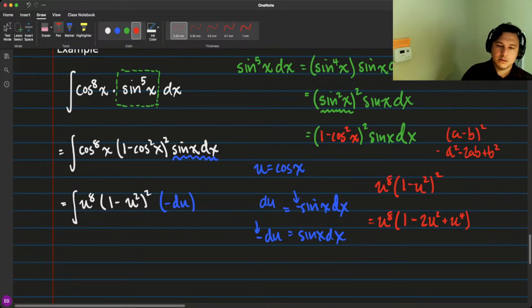Okay, cool. Which means we can multiply this through and we're going to get u to the 8th minus 2u to the 10th plus u to the 12th.